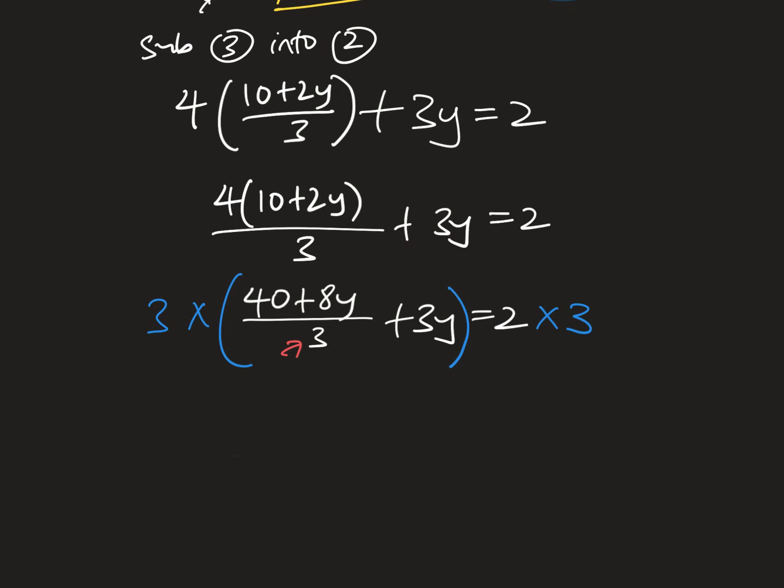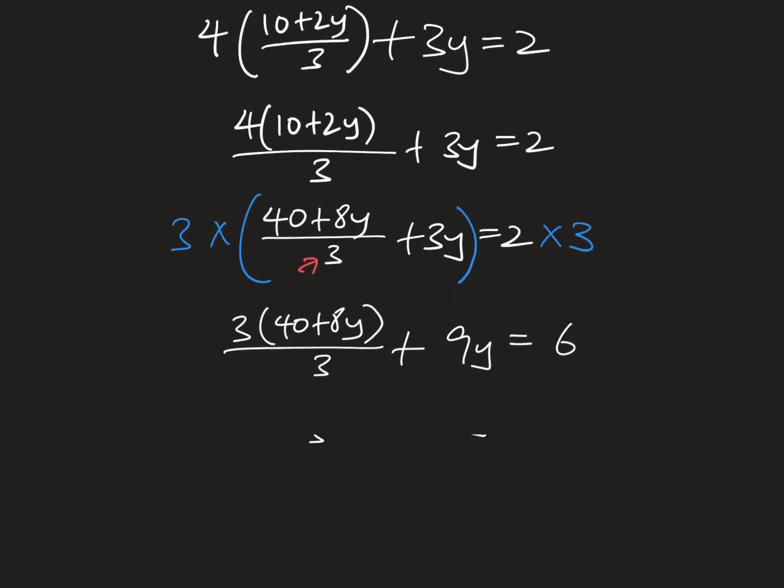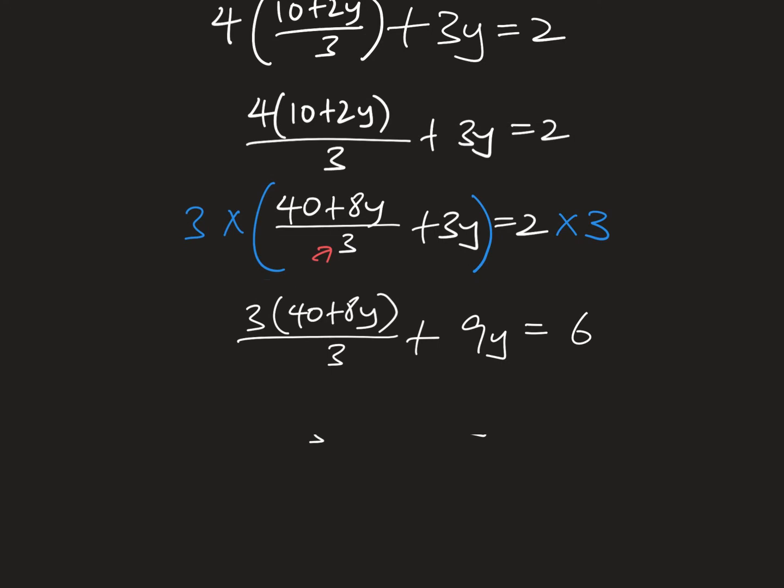Now we multiply it in, so we see that it's 3 times 40 plus 8y over 3 plus 9y, because it's 3 multiplied by 3y, and 2 times 3 gives me 6. Now we see there's 3 in the numerator and 3 in the denominator, so they both cancel out. We are left with 40 plus 8y plus 9y equals 6.